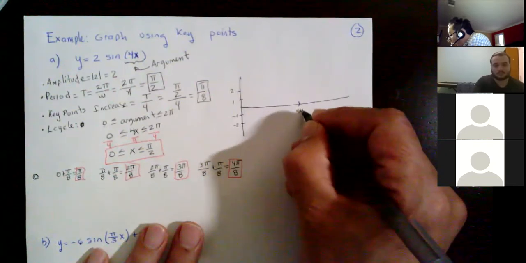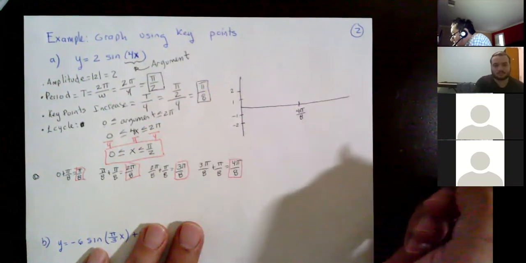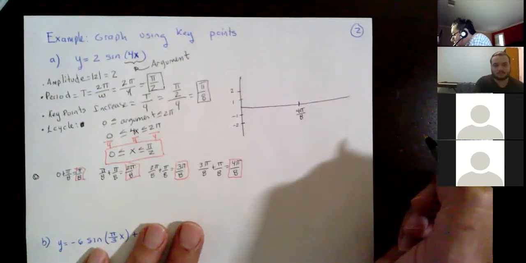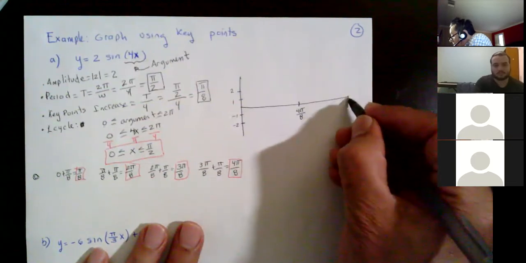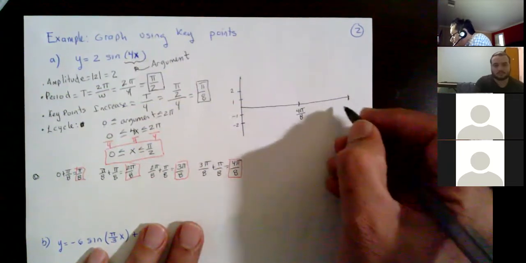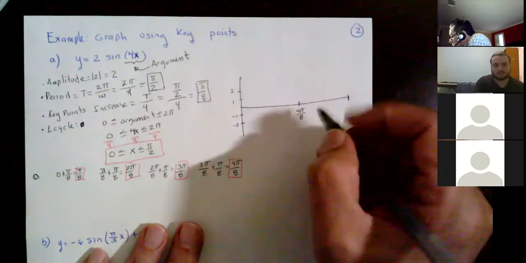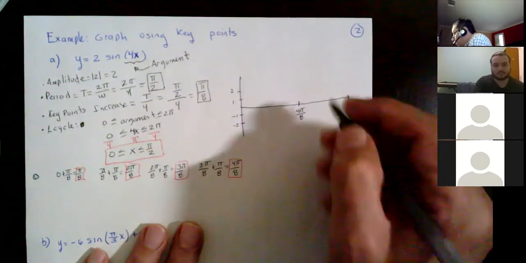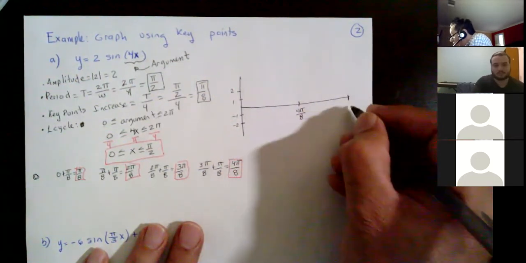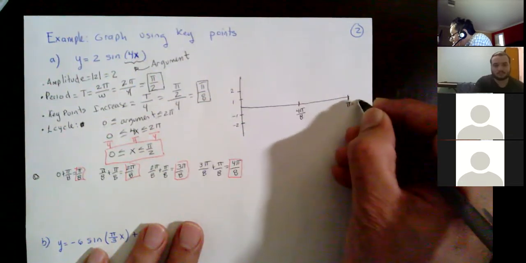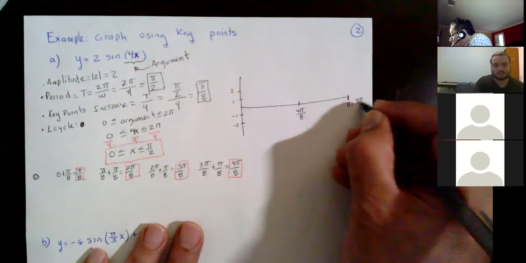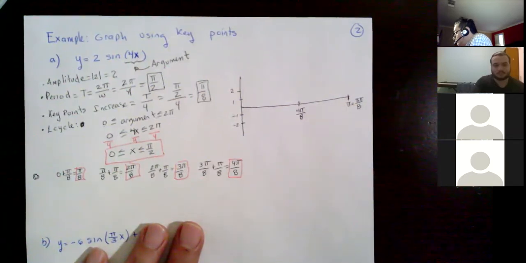Let me write it with 8s here. And let's say that here, just for explanation, this is pi over 2, this is pi right here, which is the same as 8 pi over 8.